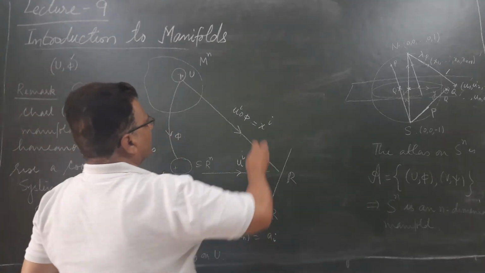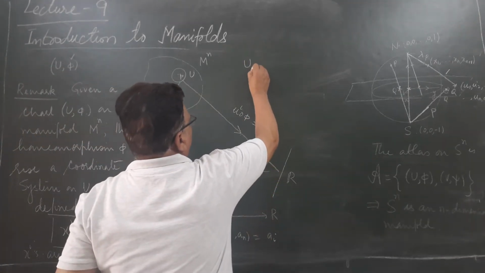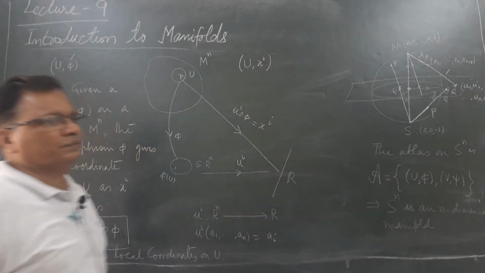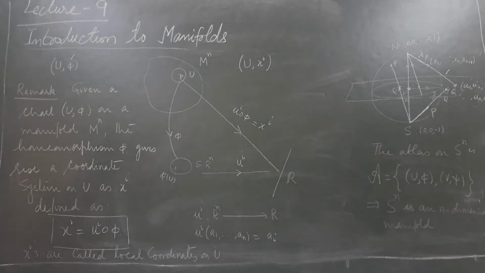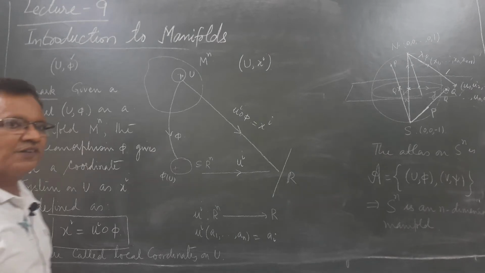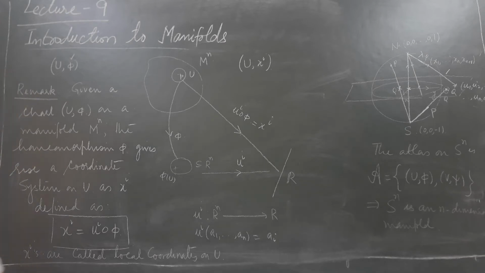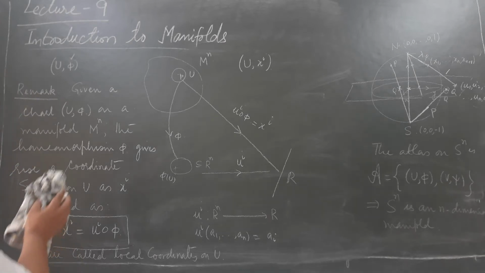Also you can see that people write a coordinate neighborhood like this, (U, xi). U is a local, locally equivalent space. Exactly. So this is how local coordinates are defined on a manifold.